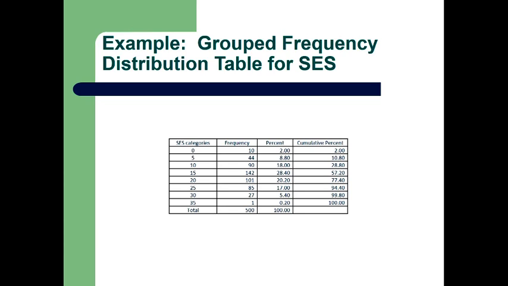The category 5 represents 5 to 9 from the previous table. As a check, we can see the cumulative percent for category 5 is 10.8. If we go back to the previous slide, you will see that the cumulative percent for 9 is also 10.8.